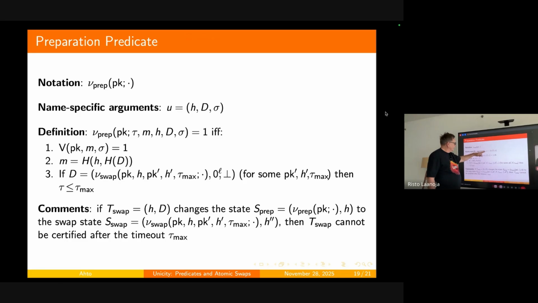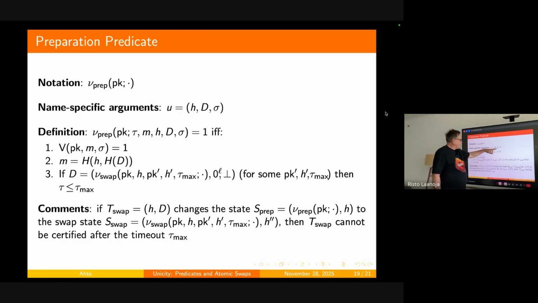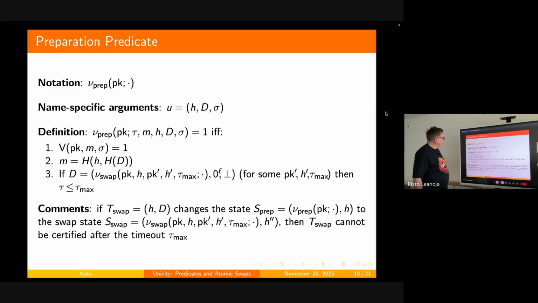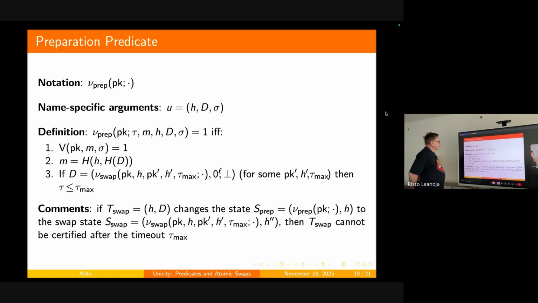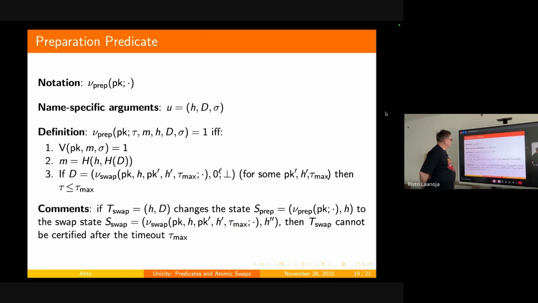However, to satisfy the predicate, you have to not just provide the signature, but also show what you have signed. And you have to provide the data part of the transaction you signed, and the hash.